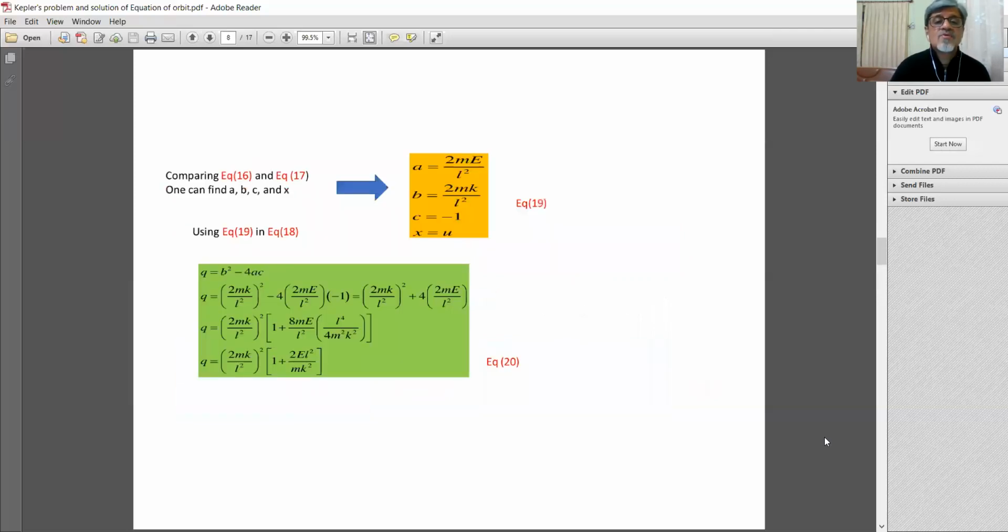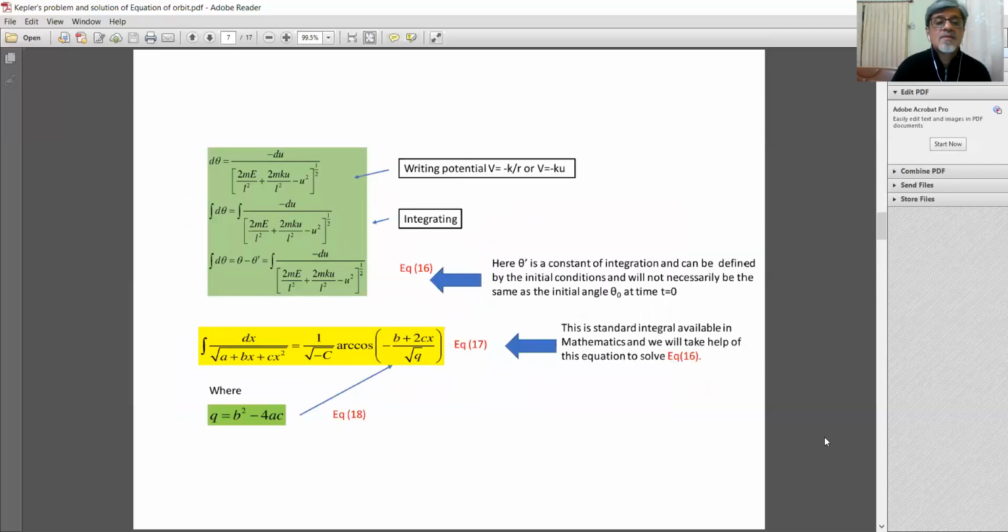So let us go back to the standard integral. This is the standard integral. In the standard integral, arc cos means cos inverse. Here q is represented b plus 2cx. Q we have already evaluated, and we have to put the value of b plus 2cx. And arc cos means cos inverse, and in that case again on the d theta side we have represented theta minus theta prime.